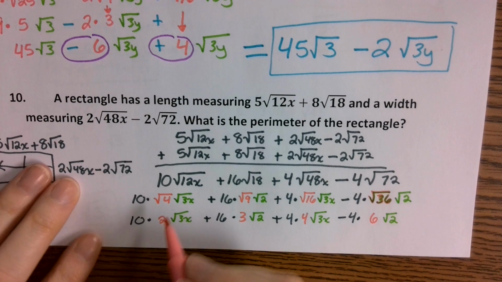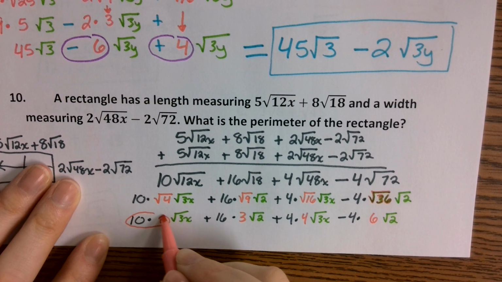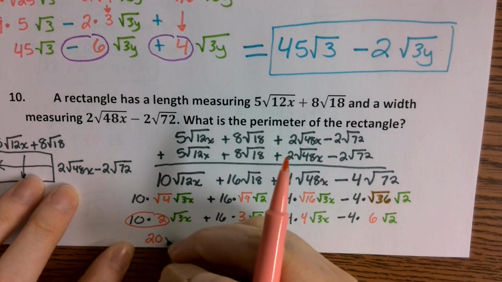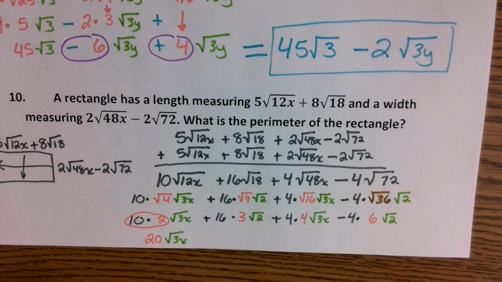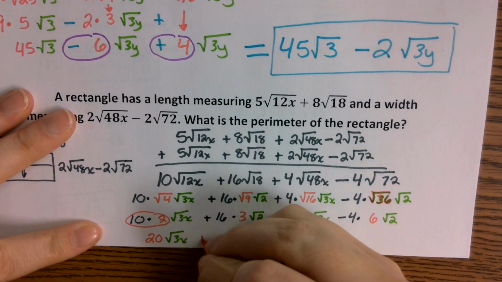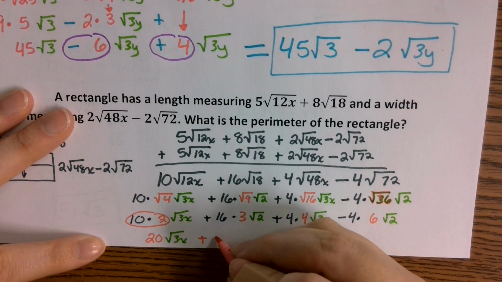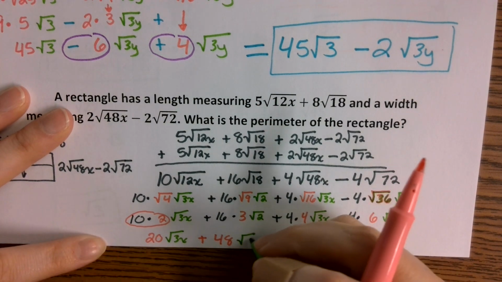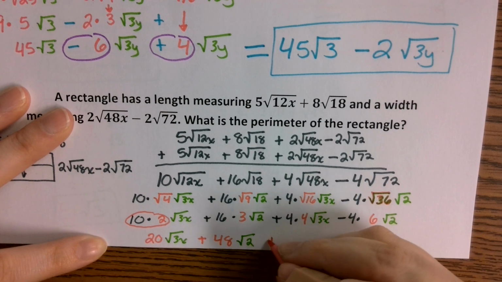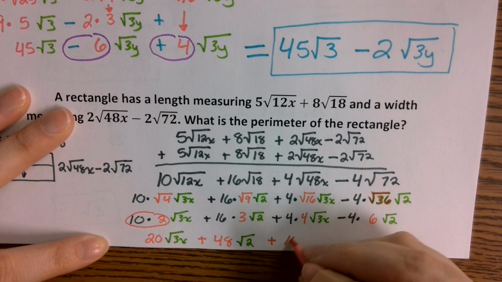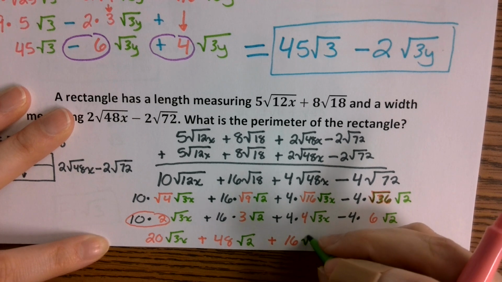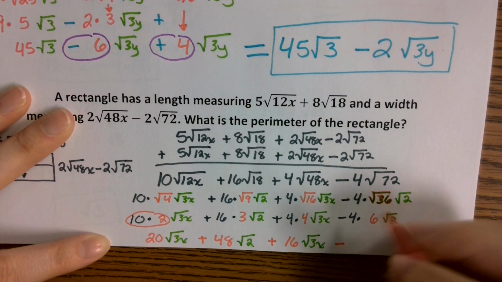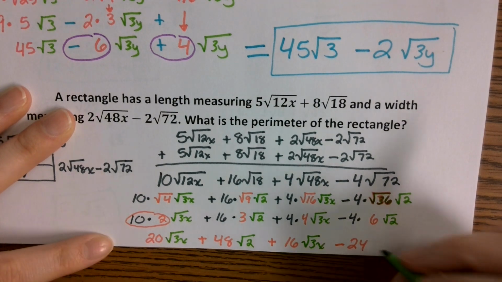Okay, so let's multiply all these things that we can. We have 2 times the 10, that's going to give us 20. So it's 20 square root of 3x. Plus 16 times 3. 16 times 3 is going to give us 48. So we have 48 square root of 2. Plus 4 times 4 is 16. So we have 16 square root of 3x. And then minus 4 times 6, which is 24, square root of 2.